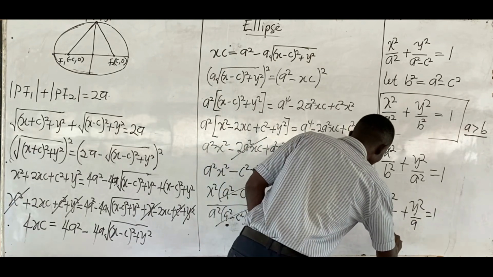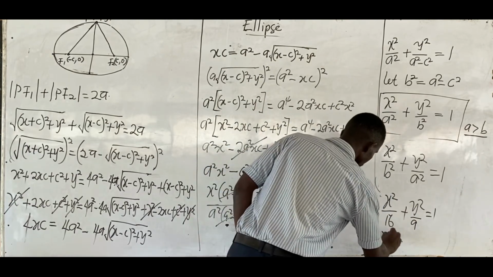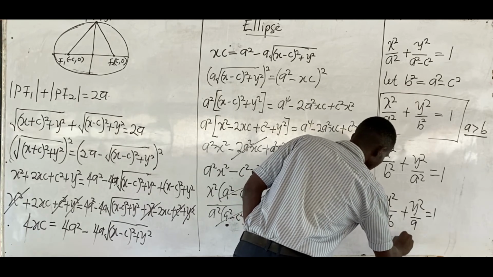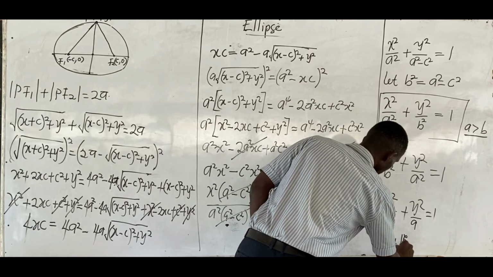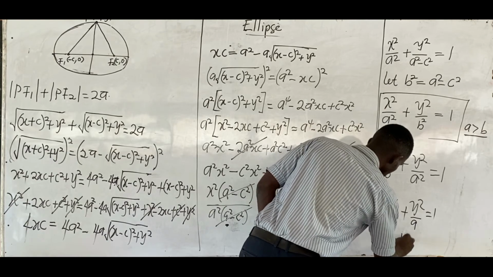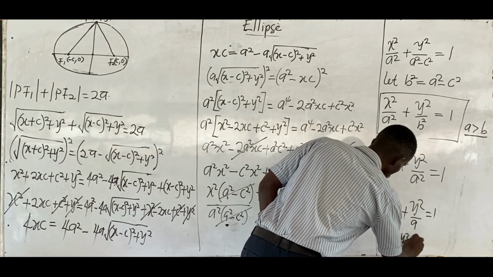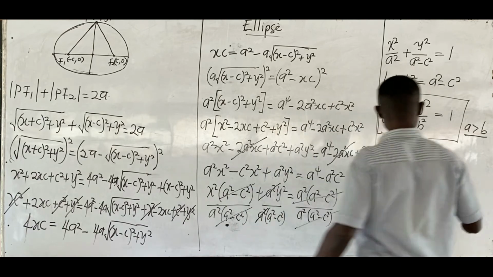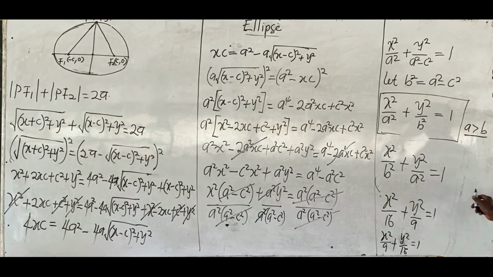In the situation where you have x squared over 9 plus y squared over 16 is equal to 1, if you draw this, it will be somewhere like this, and the foci will be around this side. The other way around, it will turn to the y-axis. So you should know how these things are done.